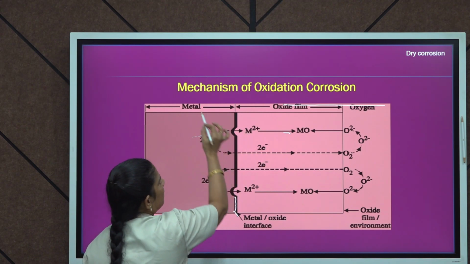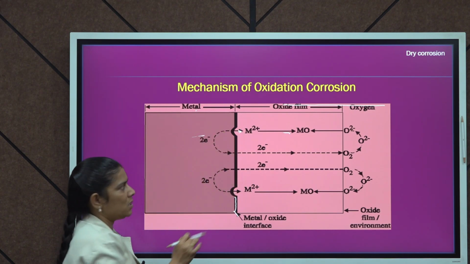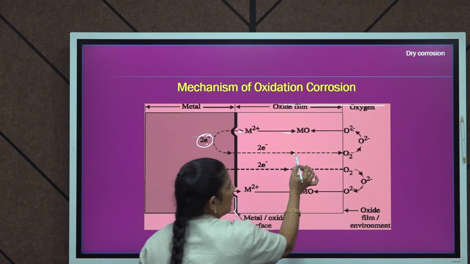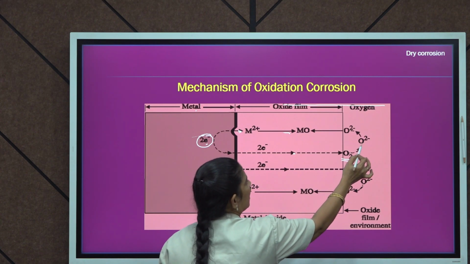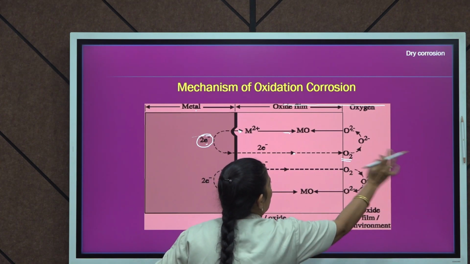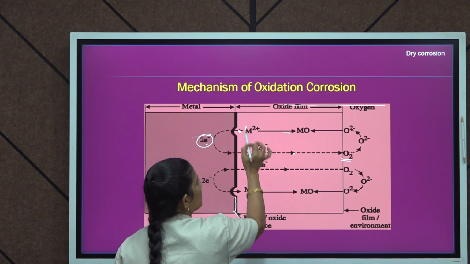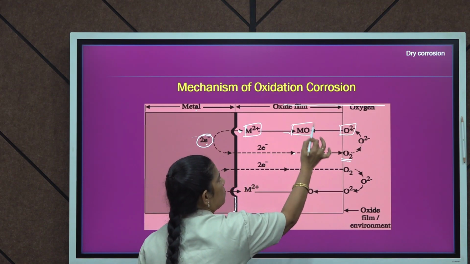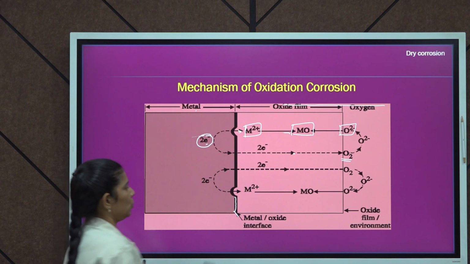So the metal converts into metallic ions, M2 plus, and loss of electrons occurs. These electrons are accepted by the oxygen present in the environment and converted into ionic form, that is, oxygen gets reduced and the metal gets converted into ionic form. Both M2 plus and O2 minus combine to form MO, a metal oxide. This is the mechanism of oxidation corrosion.